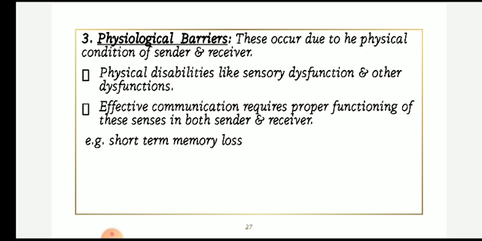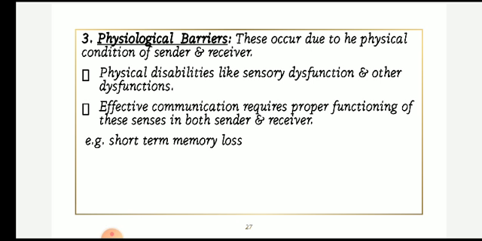First we have discussed the psychological barrier. These are nothing but the problems of the mindset of both sender and receiver, which generally creates a problem if imbalanced, if mental disturbance is there with any person. The communication process will not be properly completed, or it will not be effective.